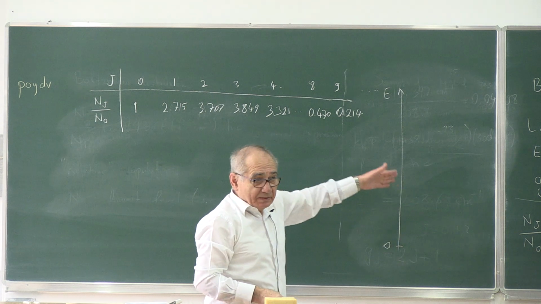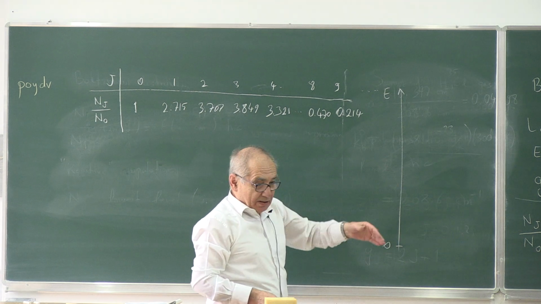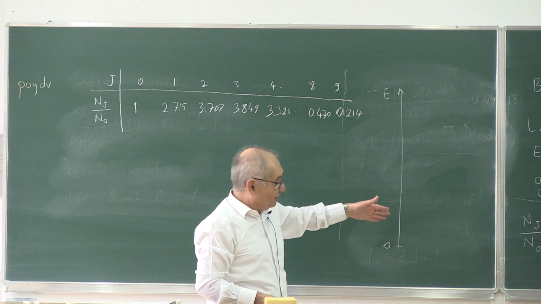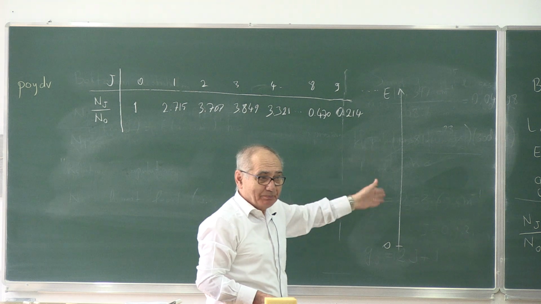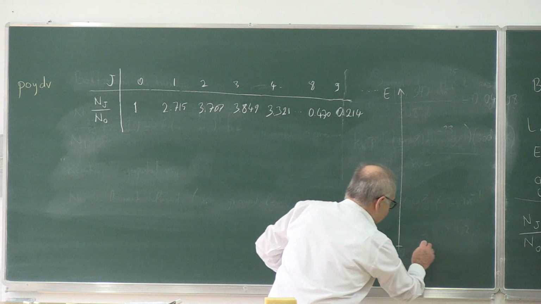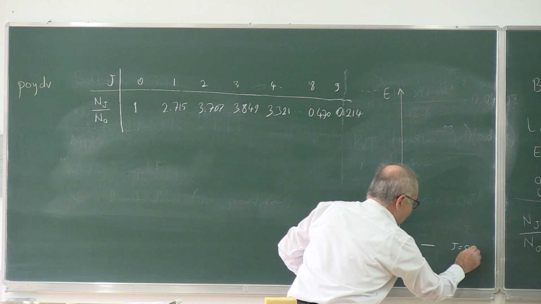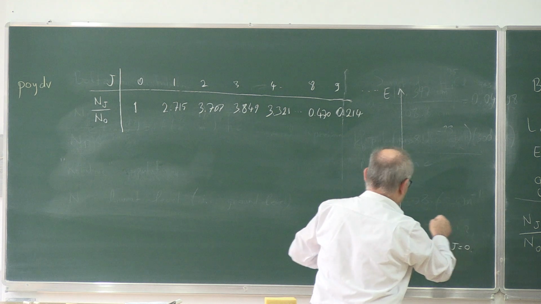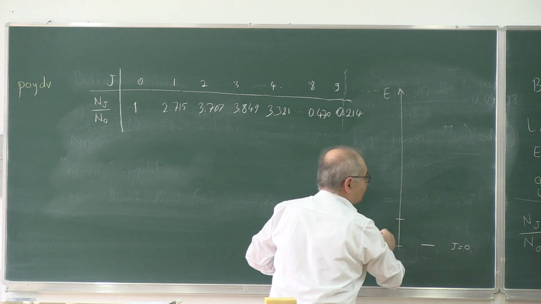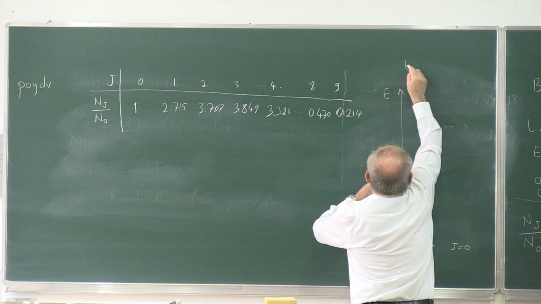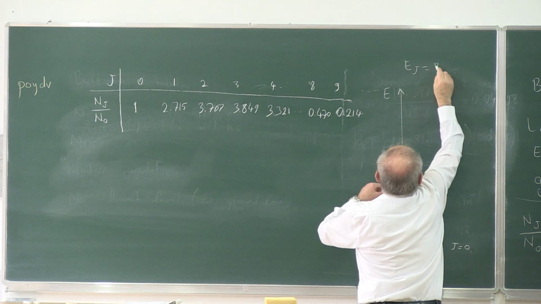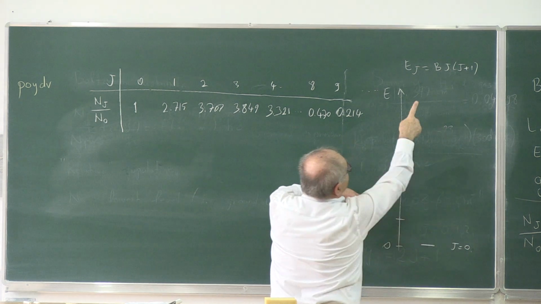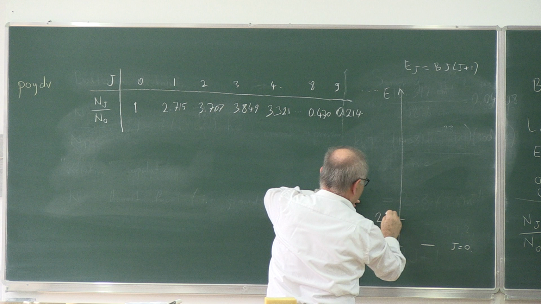Let us show the rotation energy level diagram. This is J equals 0. Now, this is B times J times J plus 1. For J equals 1, this is 2B.